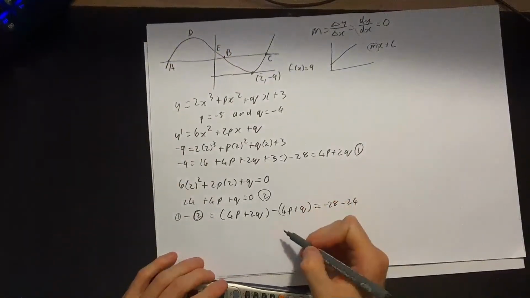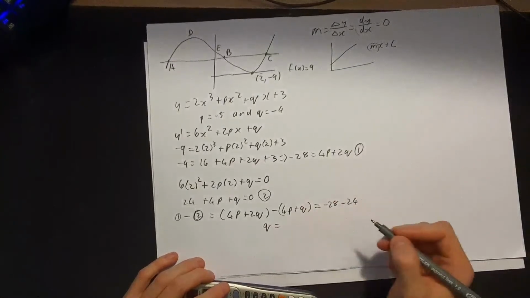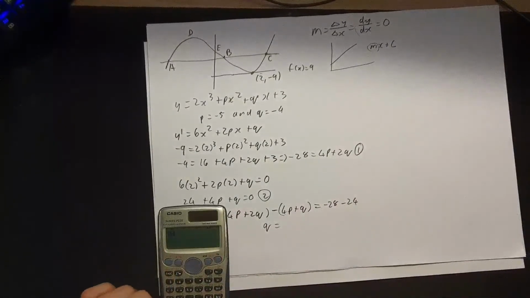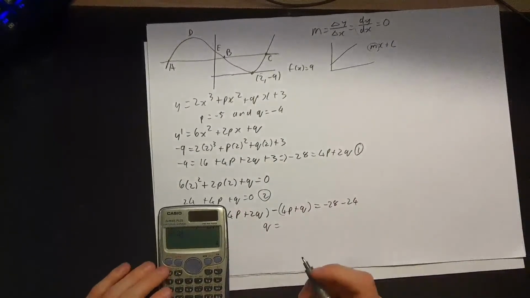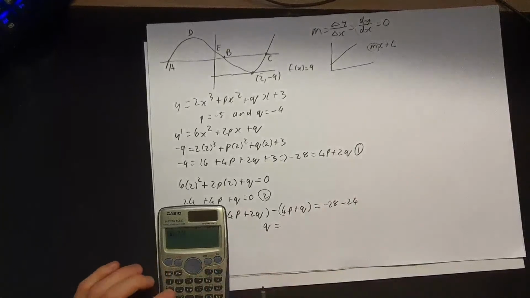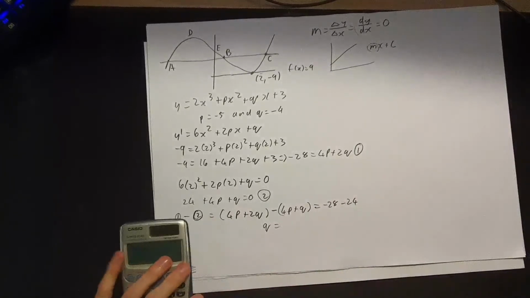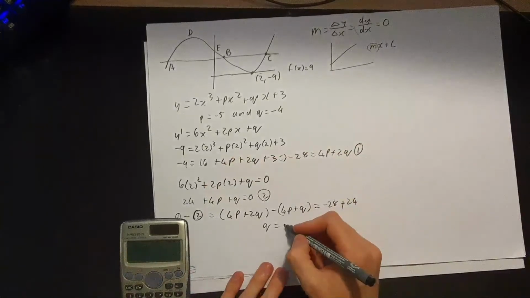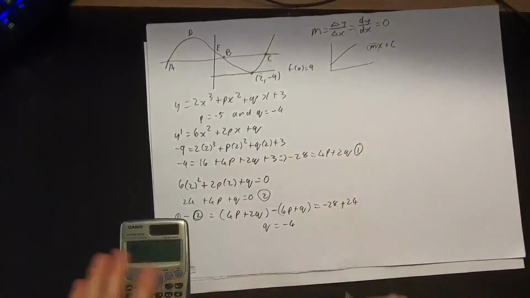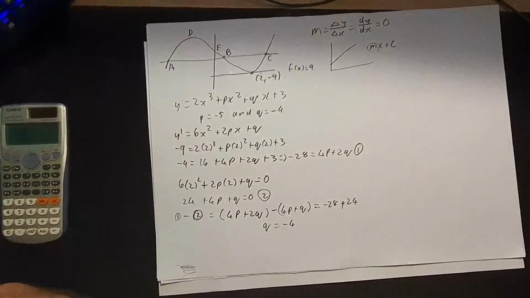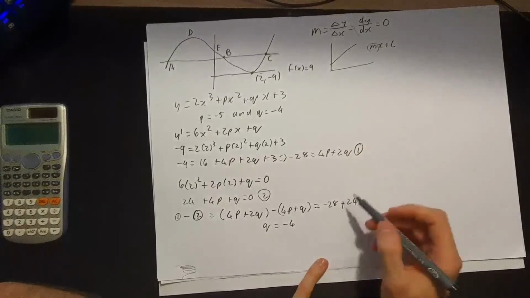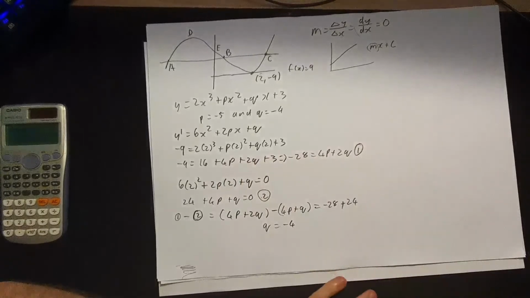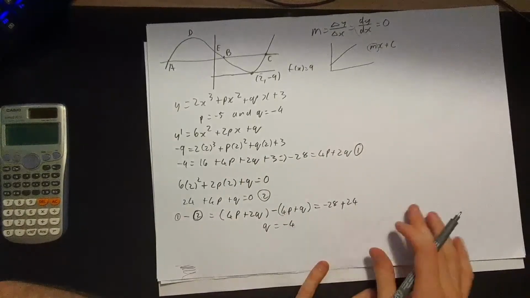So then we're going to end up with q equals, negative 28 and then minus 24. Because I take this over that side, it becomes minus, so therefore negative times negative gives you positive. I was going to say that answer was going to be way too big. So therefore we have minus 4 for q.